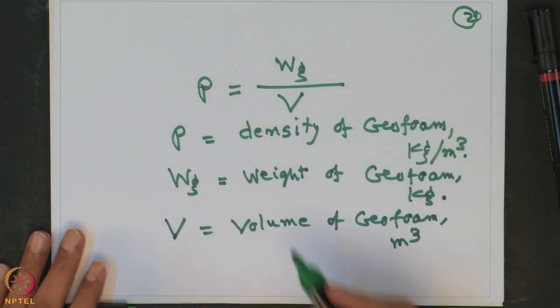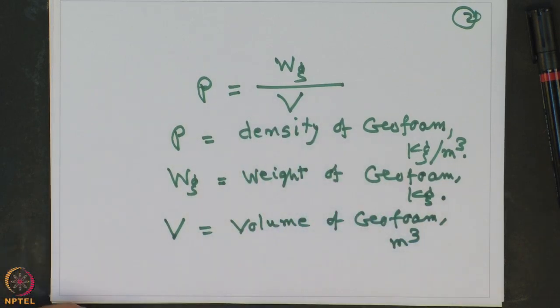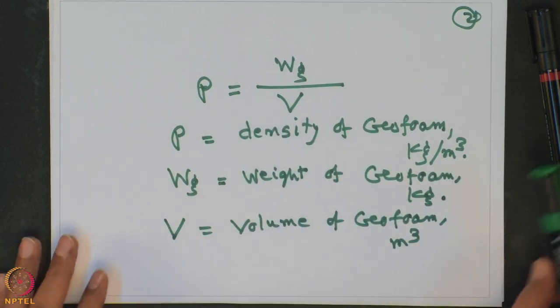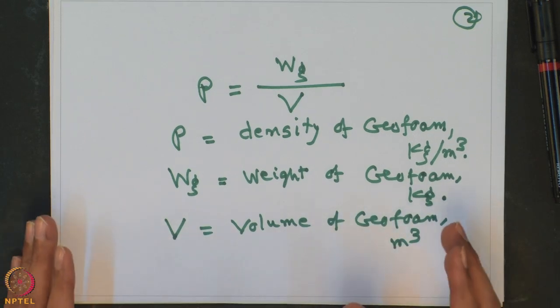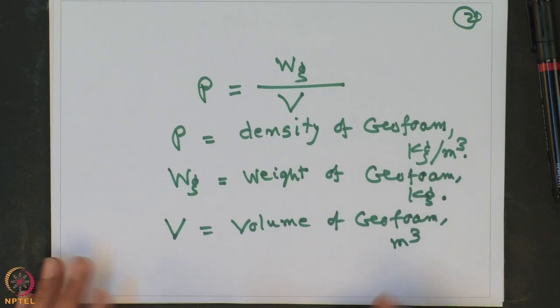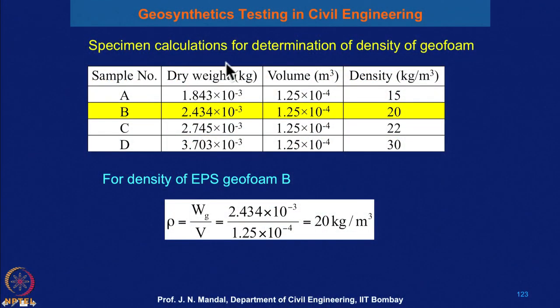Then you have to perform this with the defined types of samples, and you can have different volumes and different weights, and from that you can calculate the density. For an example, I am showing you some specimen calculations for determining the density of the geofoam.